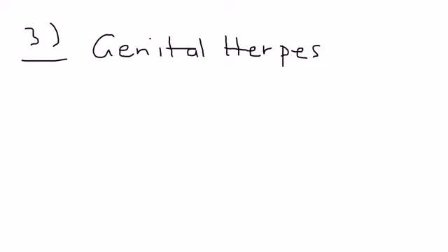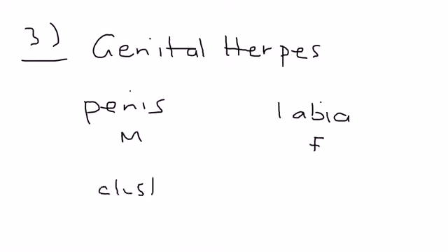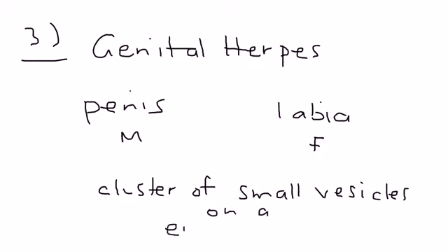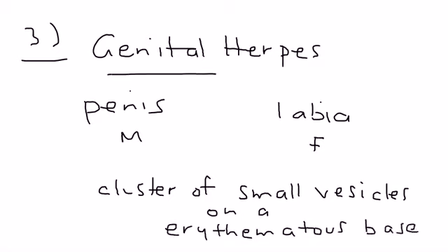And basically what you have, on either the penis in a man or the labia in a female, is very similar vesicles, a cluster of small vesicles on an erythematous base. So very similar to the previous description, but this time it's appearing in the genital area.